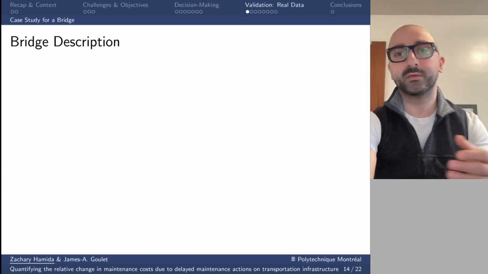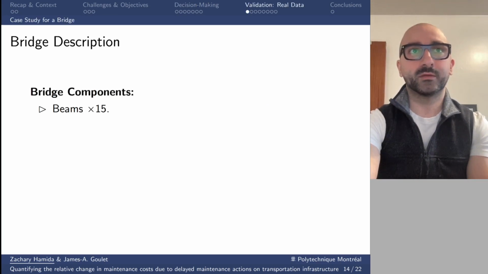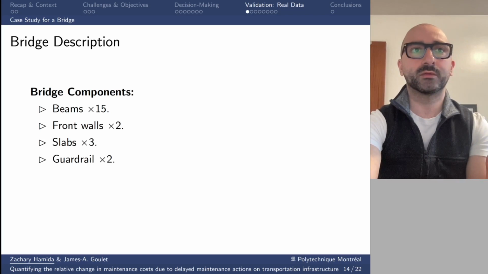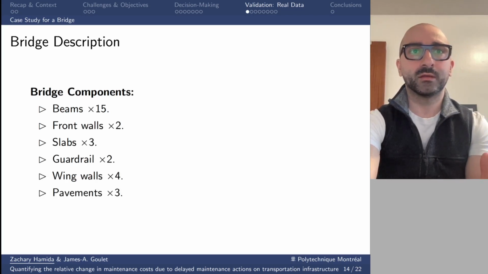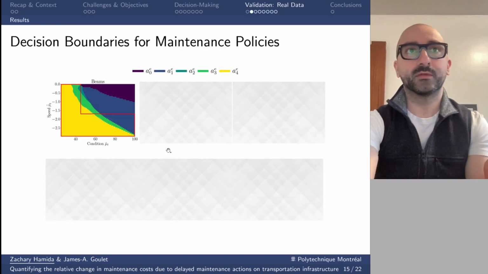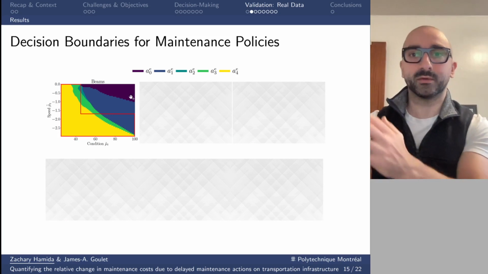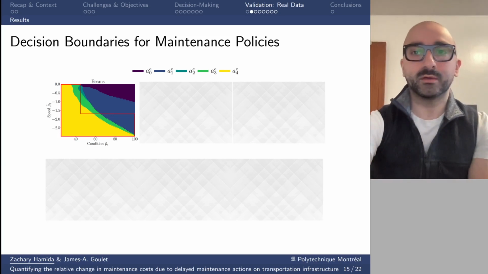So let's take a quick example. Take a bridge which has 15 beams, 2 front walls, 3 slabs, 2 guardrails, 4 wing walls, and 3 pavements, and we want to learn the maintenance policies for each of these components. For the beams, we have this policy, which is similar to what we've seen earlier for the example with the concrete slabs.